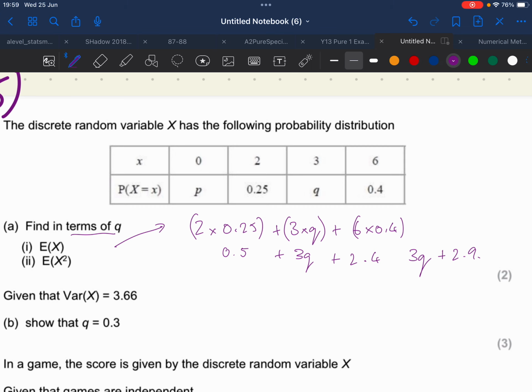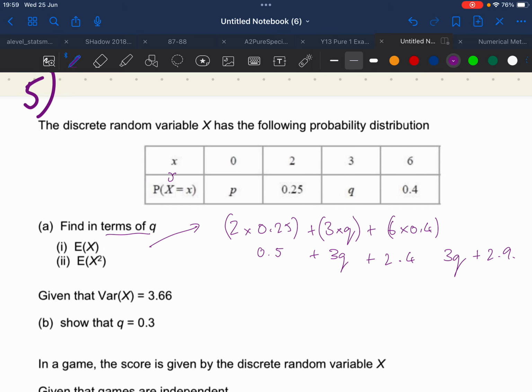Next, the expected value of x squared. You know the drill. X squared goes in the middle: 0, 4, 9, 16. We can write them again underneath. So we can do 4 times 0.25 plus 9 times Q plus 36 times 0.4. We can even cheat a little bit by saying that's 2 times, that's 3 times.